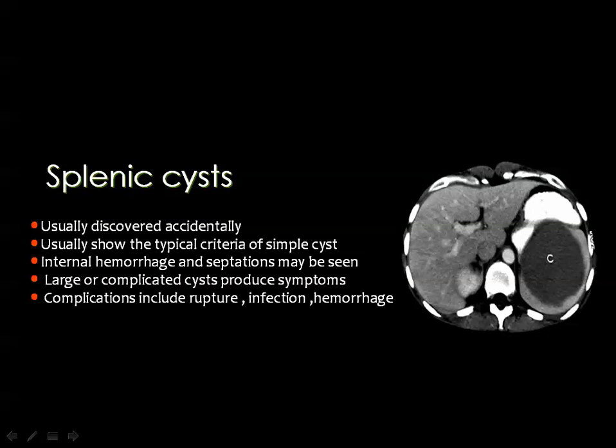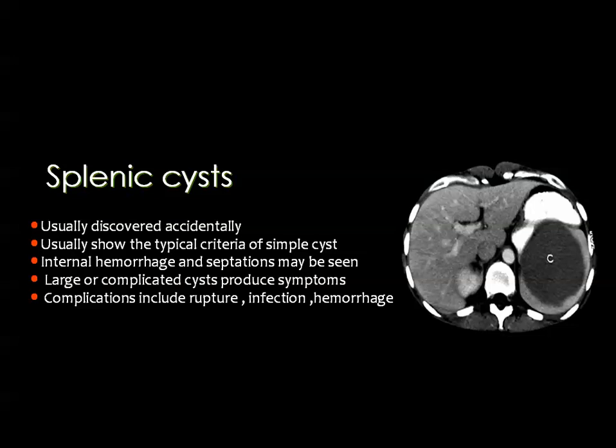And you remember the typical criteria of a simple cyst anywhere in the body are 7: 3 positive and 4 negative items. The positive items are paper thin wall, sharp well-defined margin, and clear water or fluid content. The negative findings are no septation, no calcification, no enhancement, no mural nodules.